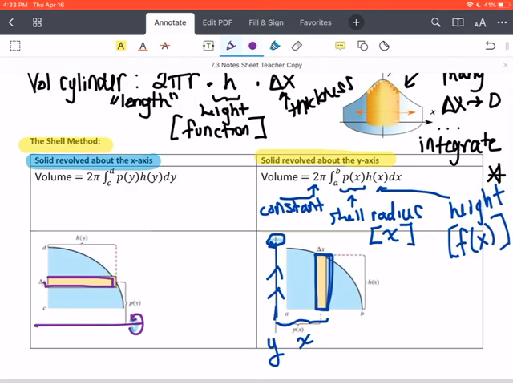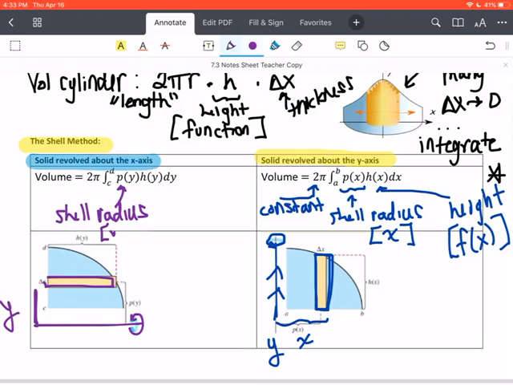So we know that if we're looking at horizontal rectangles, we have to have functions written in terms of y. Once again, this stands for the shell radius, and if you're going from the x-axis, that distance right here is simply y.